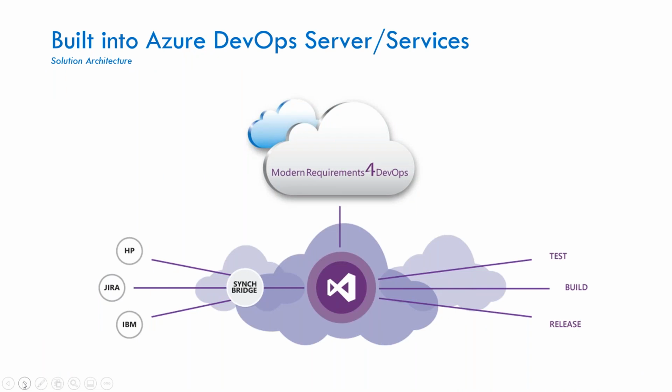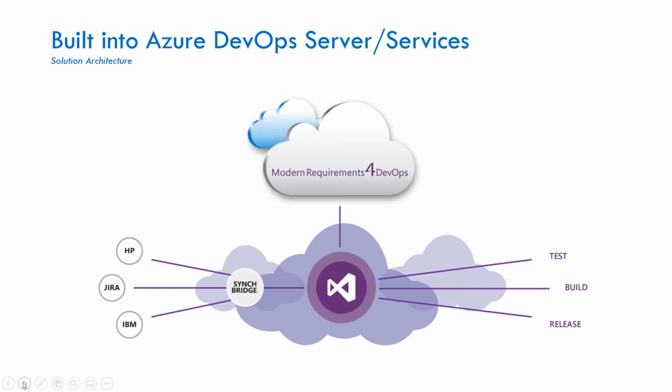Modern Requirements for DevOps can be deployed in the cloud as a SaaS solution or on-premise. And it is browser-based, which means there's no need to install anything on the local user's machine. We support single sign-in using your Azure DevOps credentials in the tool.